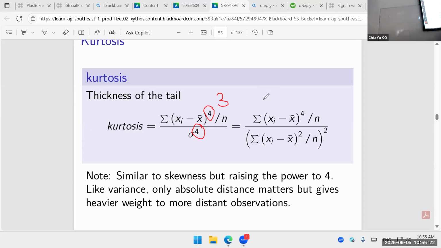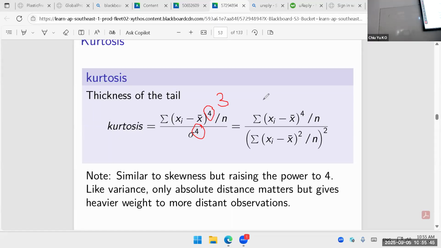And the question probably is, what is 4 doing? 3 is capturing whether they're symmetric or not. What is 4 doing? 4 is about outliers, data far away from the mean.